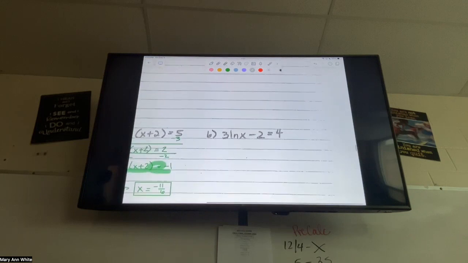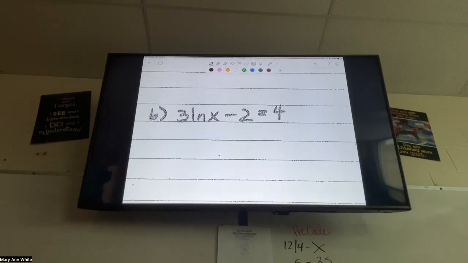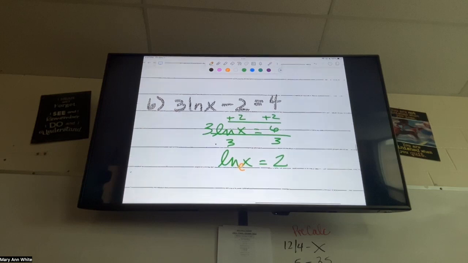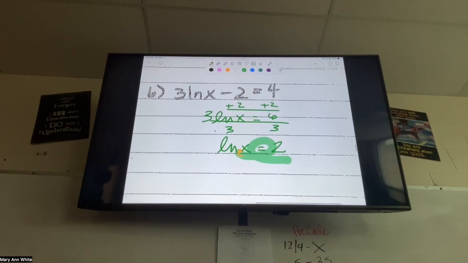Yep, we are gonna use e. So on this next one, I'm gonna add 2 to both sides. Divide by 3. ln x is equal to 2. Like Denia asked, we're gonna put that e as my base, and then we'll log roll that. And truly, that's the best answer. e squared equals x, that's good enough.